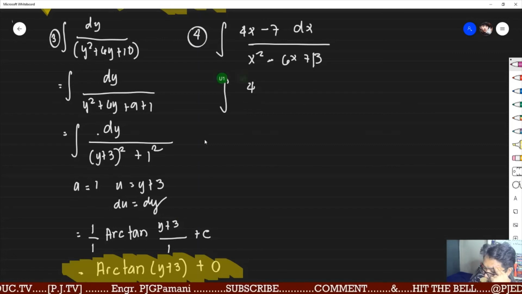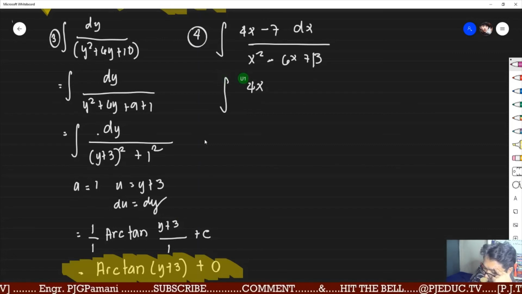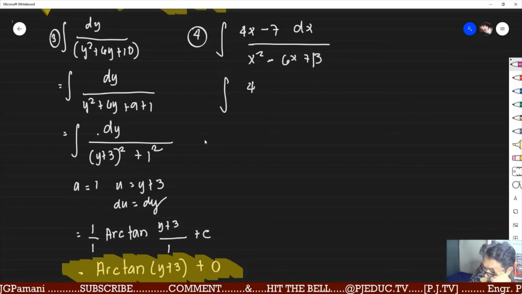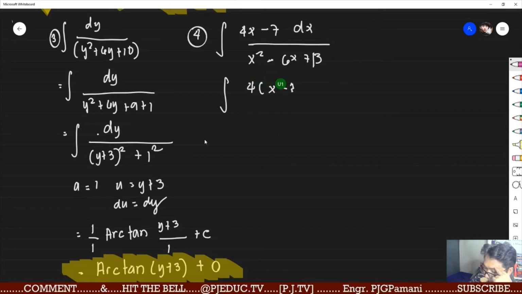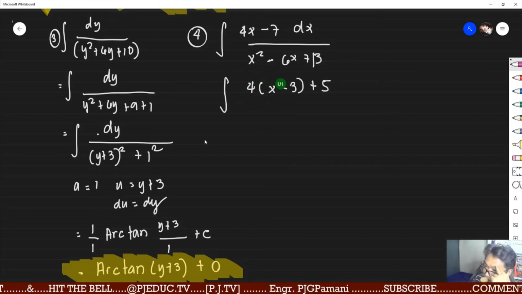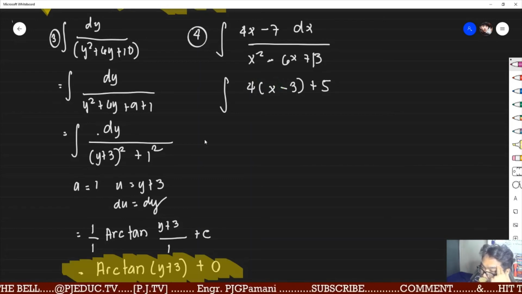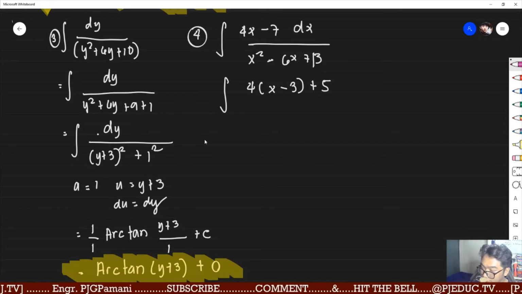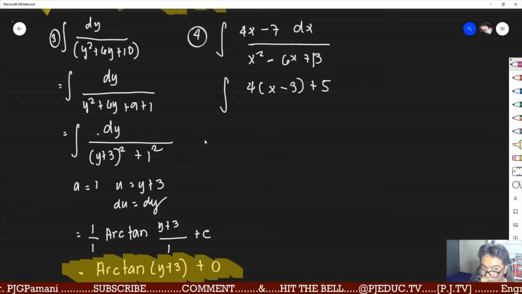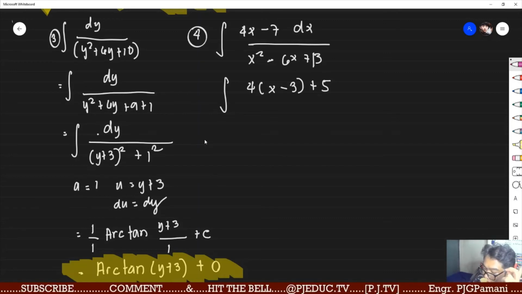That is 4x minus 7, can also be expressed as 4 times x minus 3 plus 5. Parehas lang. 4 times negative 3, negative 12 plus 5, negative 7. So, parehas lang. This is just the same as 4x minus 7.